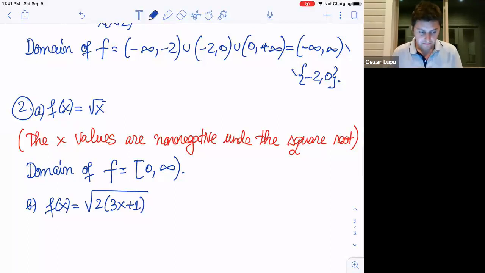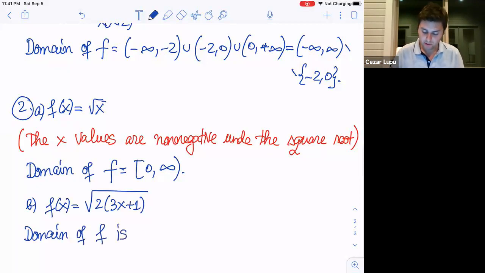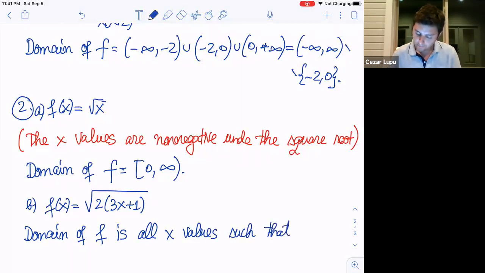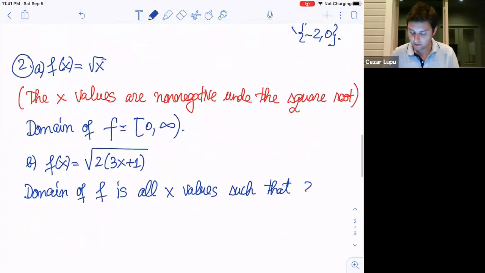So in other words, the domain of f is, let's write it in words, all x values such that the quantity inside is non-negative, such that 2 times (3x plus 1) is non-negative, right? All right, that's great.